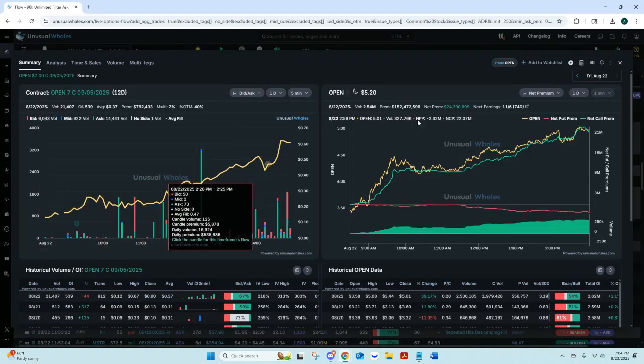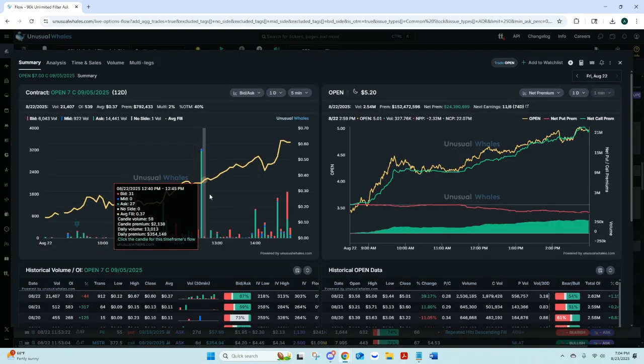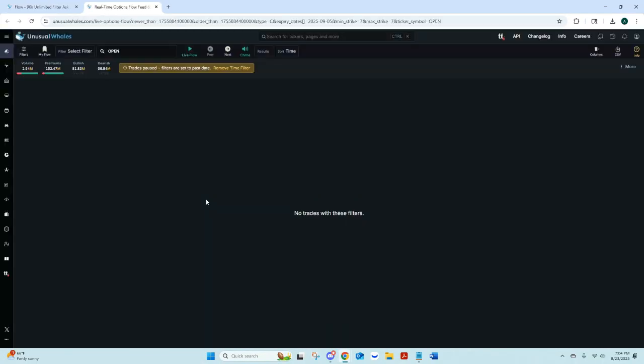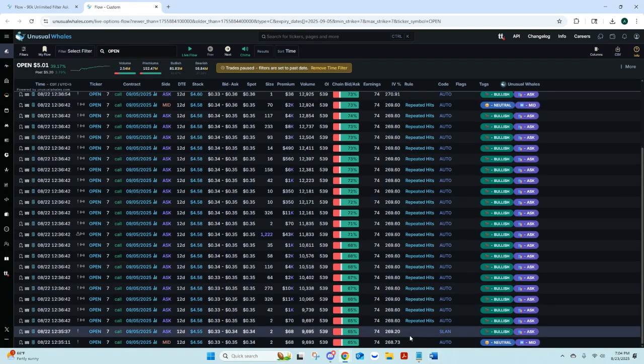A lot of volume today, obviously. A lot of net call premium. Let's look at the flow. And the higher IV stuff, I tend to avoid too, just because you get IV crushed. But see that IV spike when it comes in. Coming in at the ask would read as a buy to me.